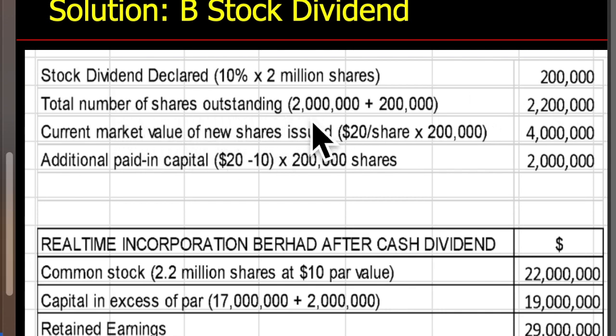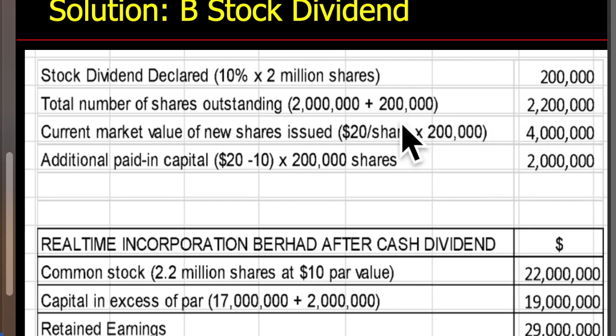So the total number of shares outstanding becomes what? Our initial 2 million plus what? 200,000. Okay, remember these are the new shares that we are issuing to our shareholders. We add the old ones, it becomes what? 2,200,000 shares. So the current market value of the new shares is what? $20 times 200,000, which is 4 million.